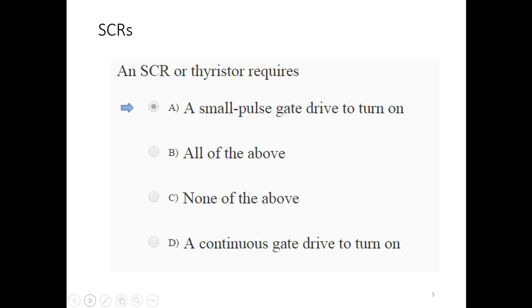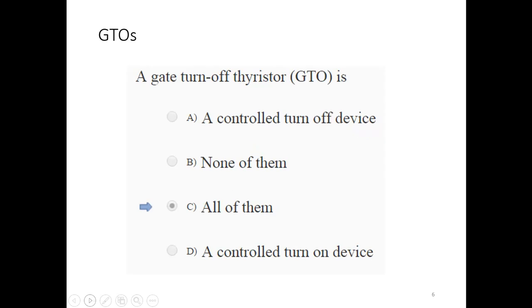The device requires a small pulse to turn it on, and you don't need a continuous pulse, because it would have no effect and you would just lose gate power. The answer is that a small gate pulse is required to turn it on, and you cannot turn it off.